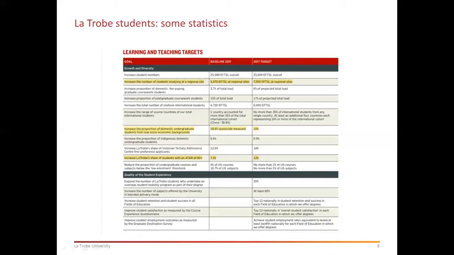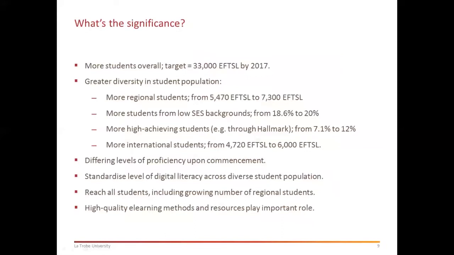What does that mean for us? Also, is everybody familiar with the acronym EFTSL, Equivalent Full-Time Study Load? That means it's a way of averaging the student population and taking into account full-time students and part-time students.